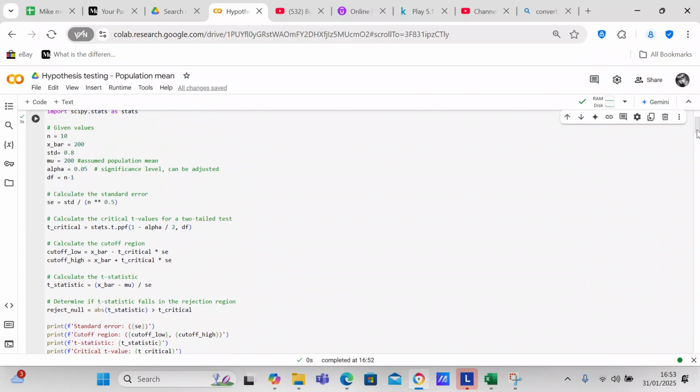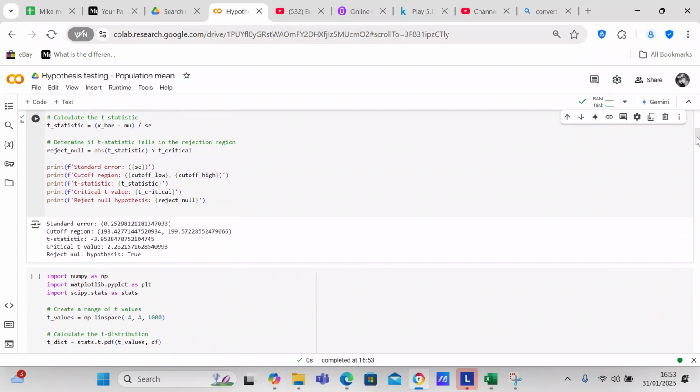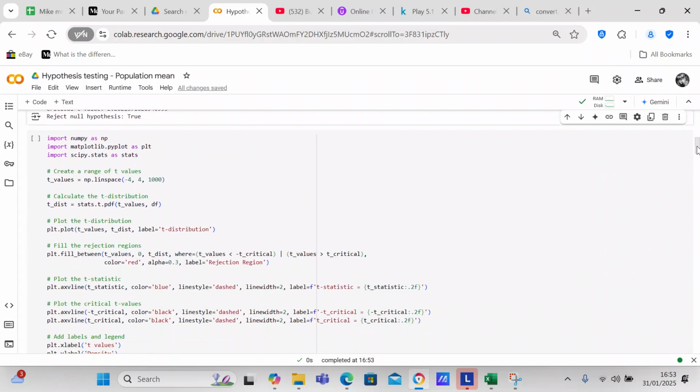And we can come back over here to 199. And then we're going to reject the null hypothesis because you can see that 199, the sample mean, is not 200, the population mean, which is what you wanted.